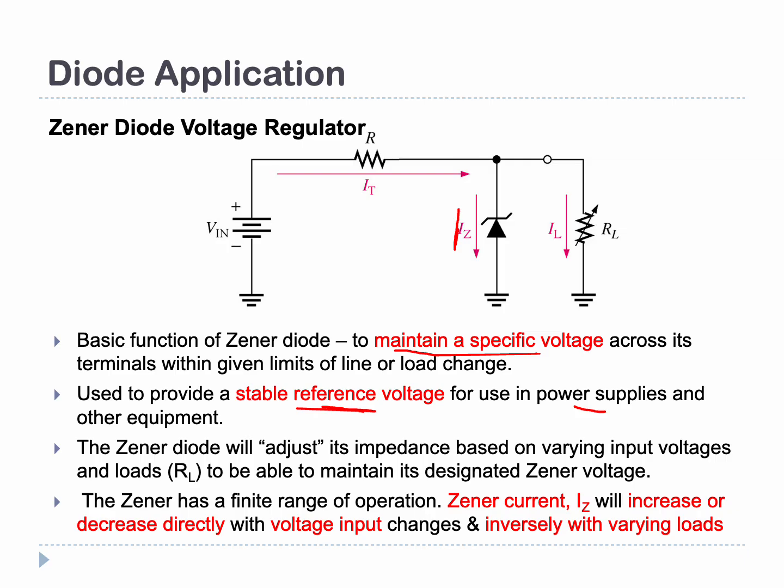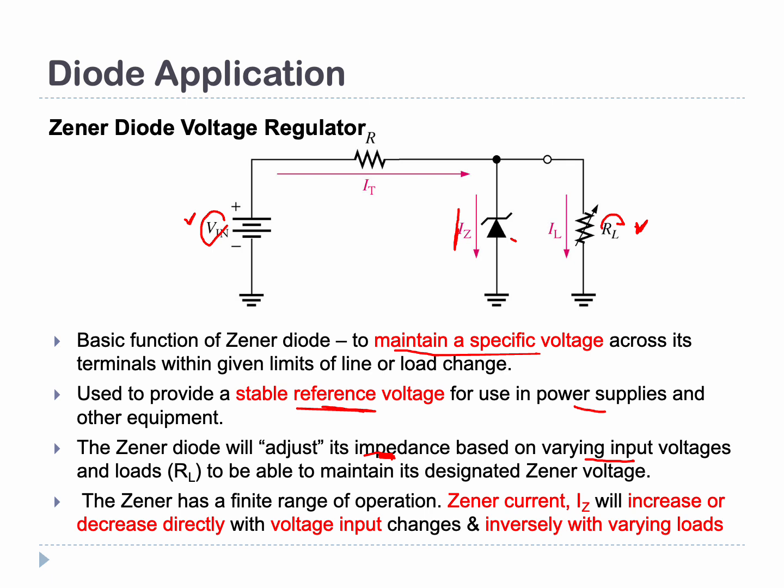The Zener diode will adjust its impedance based on the varying input voltage and also based on the load resistance RL. Based on these two, the input voltage and the load resistance value, the Zener diode will adjust its impedance.